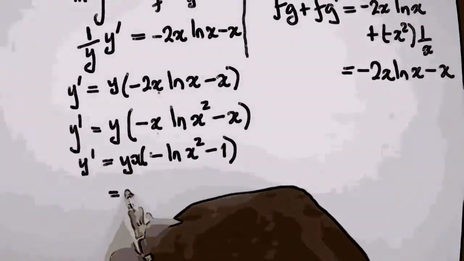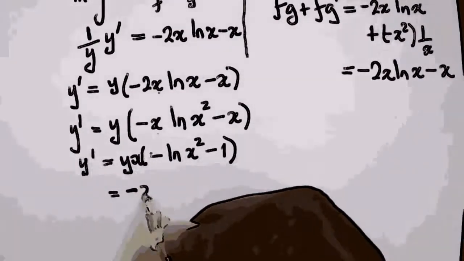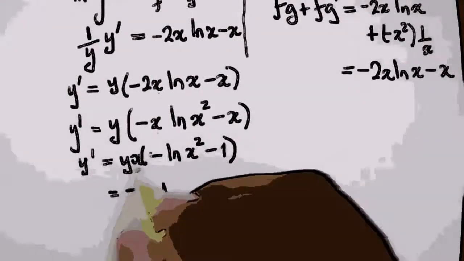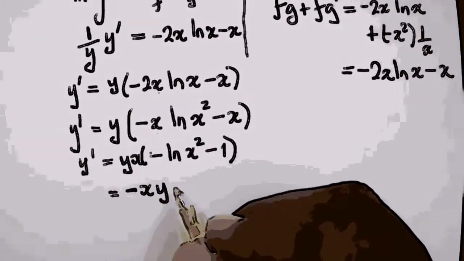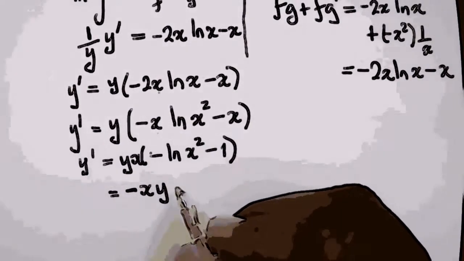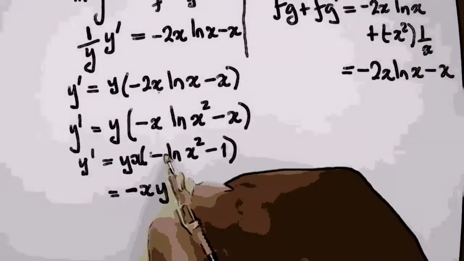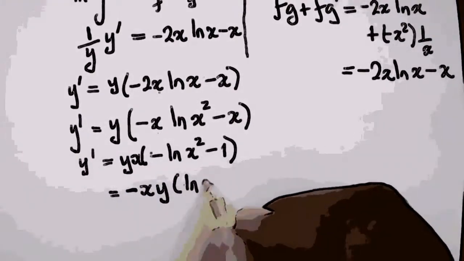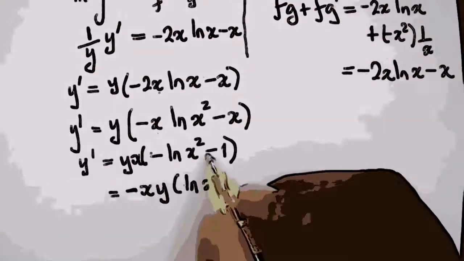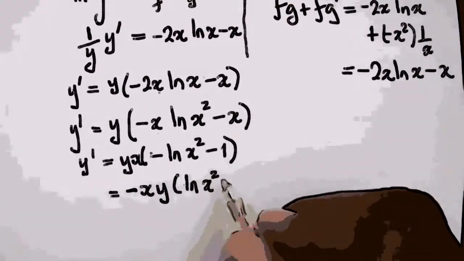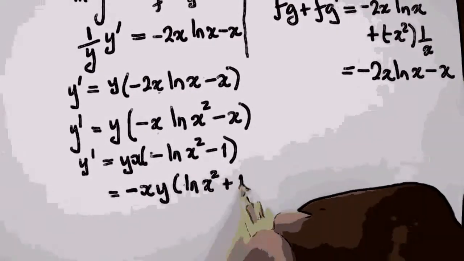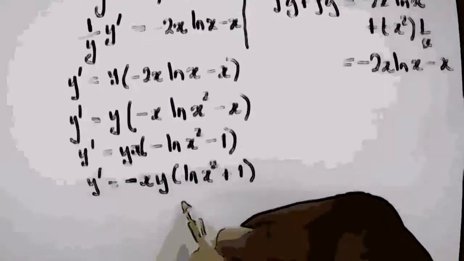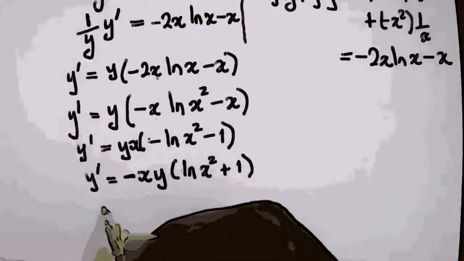If I factor out the negative 1, I get the opportunity to put my x in front of the y, which I wasn't able to do in the previous step because of space restriction. So now my negative is gone, and I now have a positive ln x squared. Since I'm factoring out the negative, this becomes a positive 1. Remember, this is y prime.